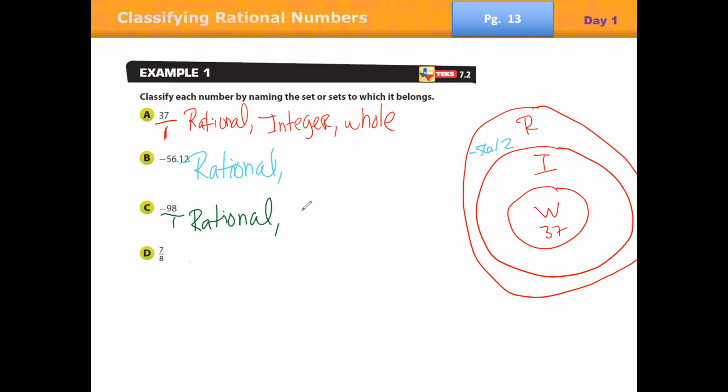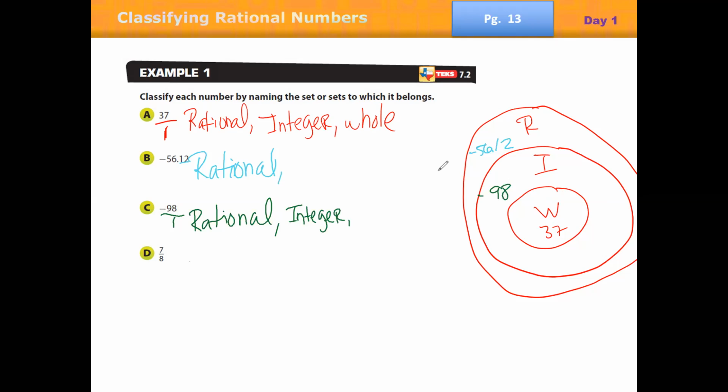The opposite of 98 is negative 98. So yes, it in fact is an integer. Is it a whole number? Well, no, remember, whole numbers are 0 and all the positives, and this is a negative. So I cannot place him in the whole number category, but the farthest I can take it is here, meaning it is an integer and a rational number. So that's what we wrote here.